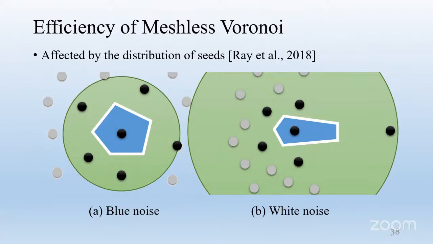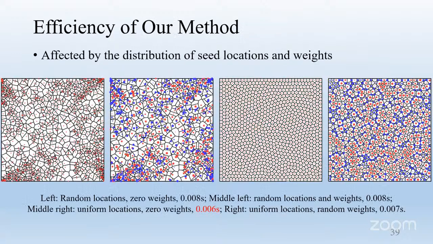So the efficiency of our method depends on the distribution of the lifting points, which is actually influenced by the distribution of seed locations and weights. Generally, if the seed locations are uniform and their weights are similar, the lifting points will be uniform, so our method has a higher efficiency.